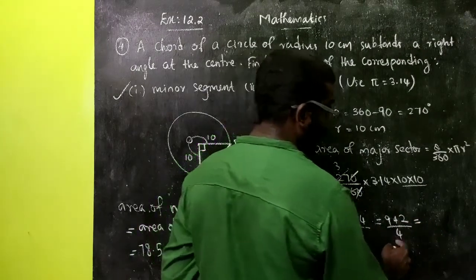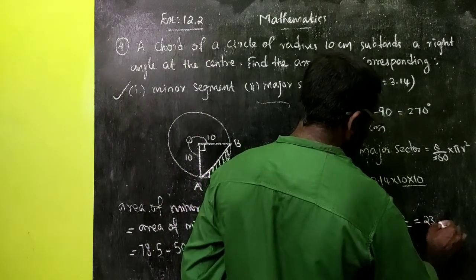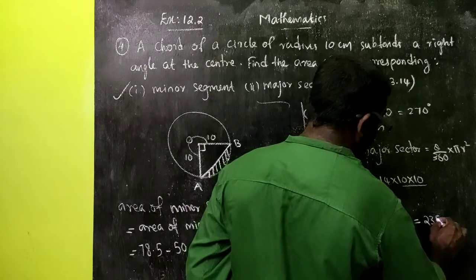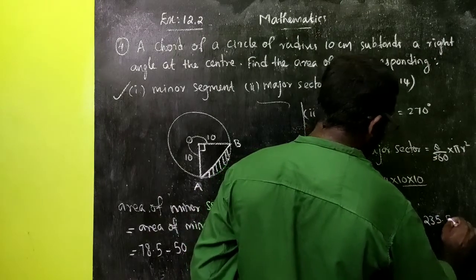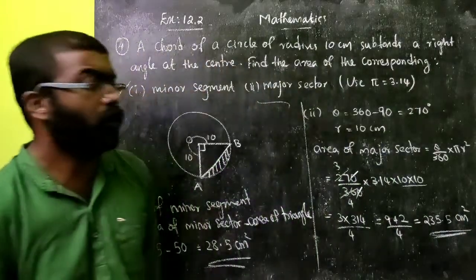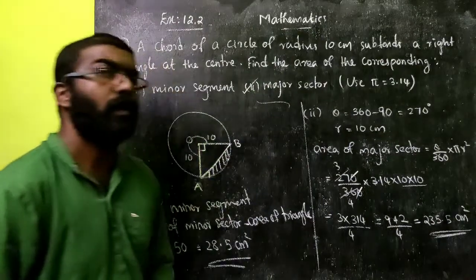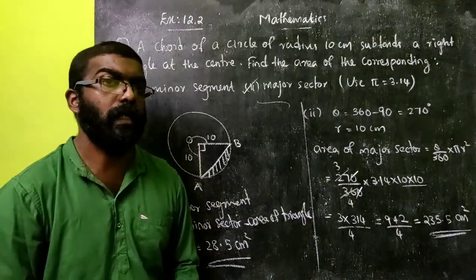And on dividing by 4 we get 2 4s are 8. 3 4s are 12. 5 4s are 20. Again 5 4s are 20. So 235.5 centimeter square. Area of major sector is equal to 235.5 centimeter square.